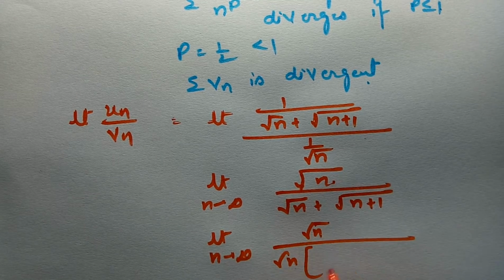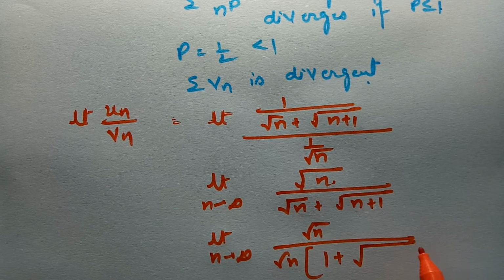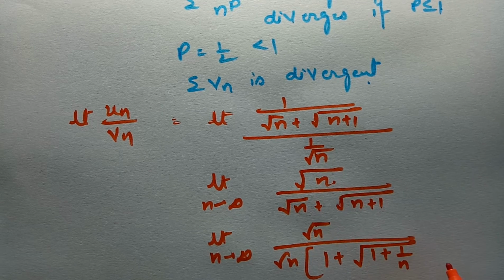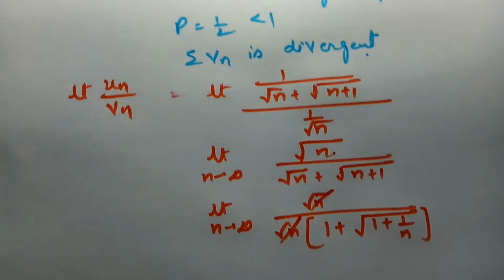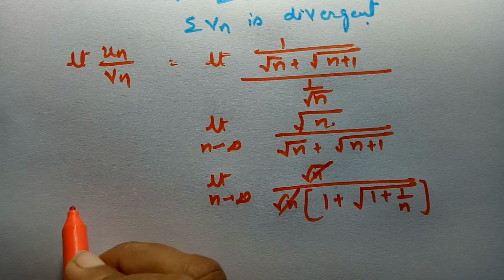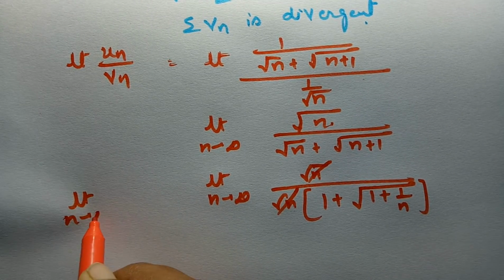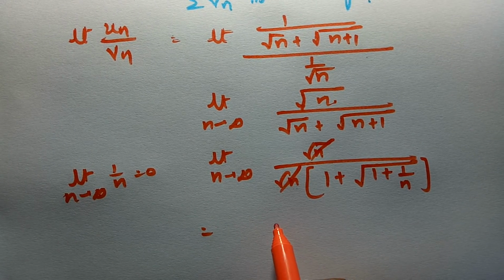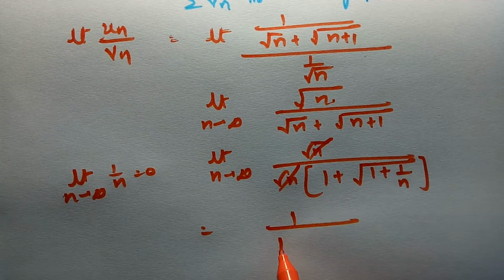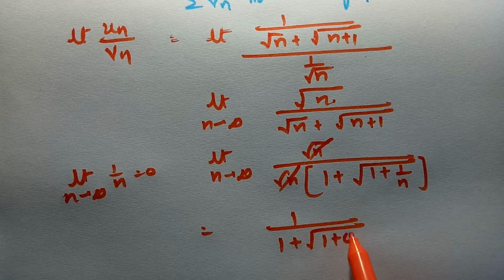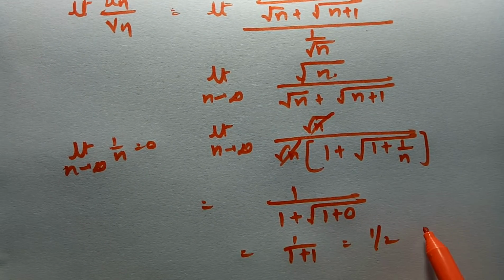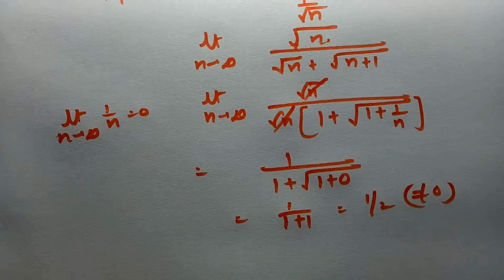If I take root n common, then it will be 1 by 1 plus root of 1 plus 1 by n. I can cancel this, and as you all know, limit n tends to infinity of 1 by n is 0. So this will be 1 by 1 plus root of 1 plus 0, so this is 1 by 1 plus 1. This is half, not equal to 0.